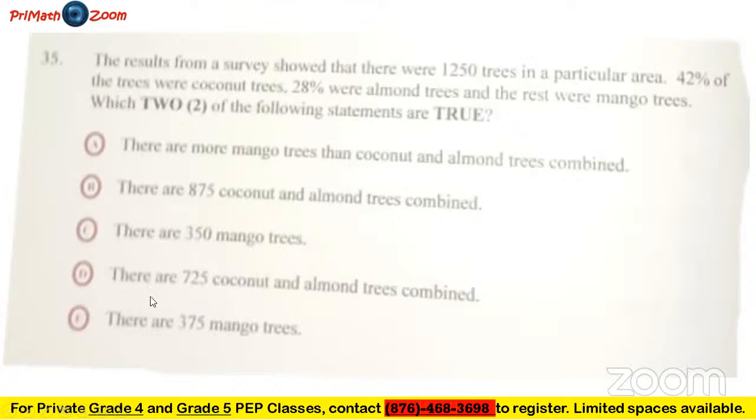No. There are 725 coconut and almond trees combined. That's incorrect. There are 375 mango trees. So the first correct answer is that we have 875 coconut and almond trees combined, and also that there are 375 mango trees. So B and E are our correct answers.